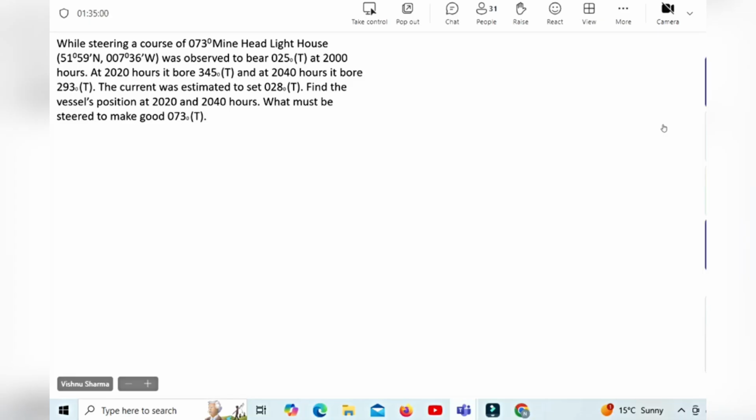Mine head light observed at 025. Yes, they are all mine head bearings, all 3 from the same point. So this is a 3-point bearing question, guys.